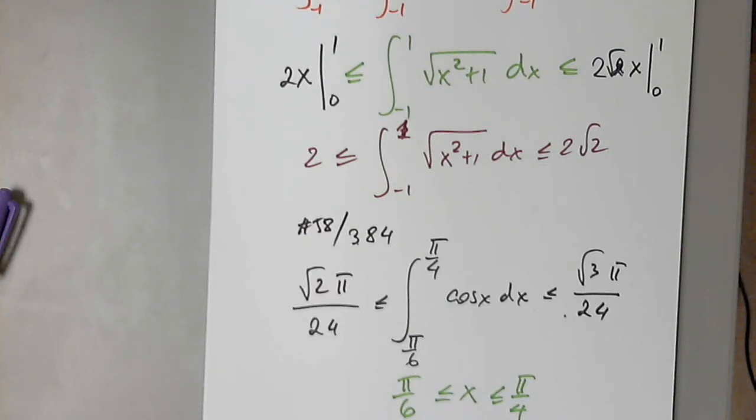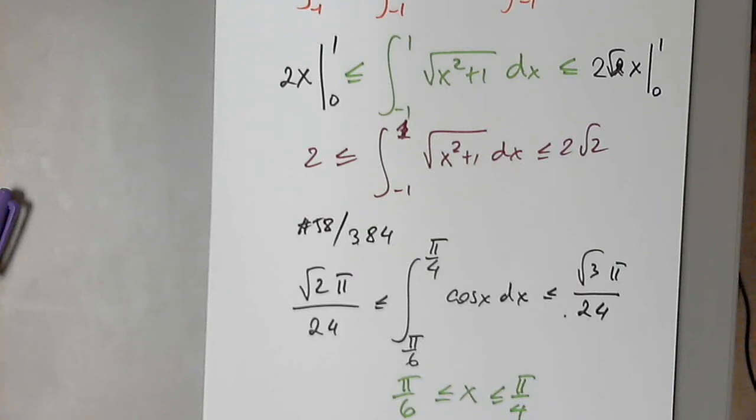Let me say it again. The compound inequality looks like this. Do not ever write something like this or something like this. It's either this way or this way. Nothing else exists. So I have pi over 6 less than x less than pi over 4.